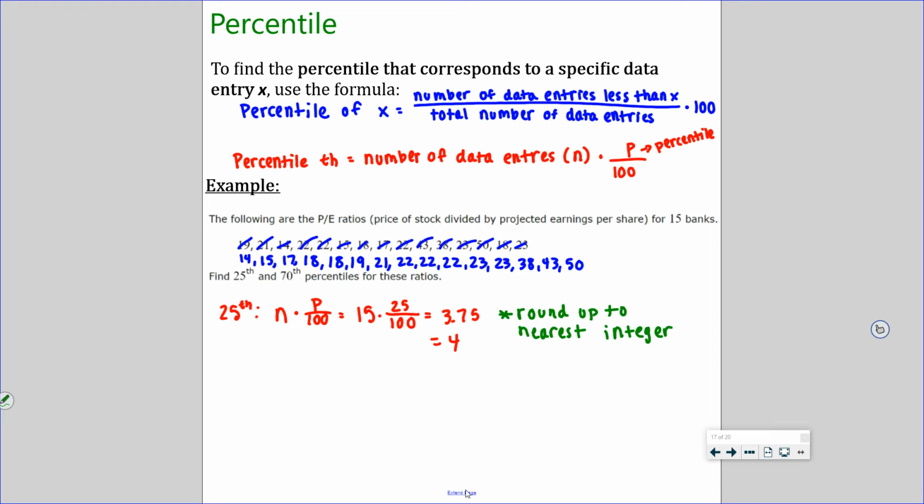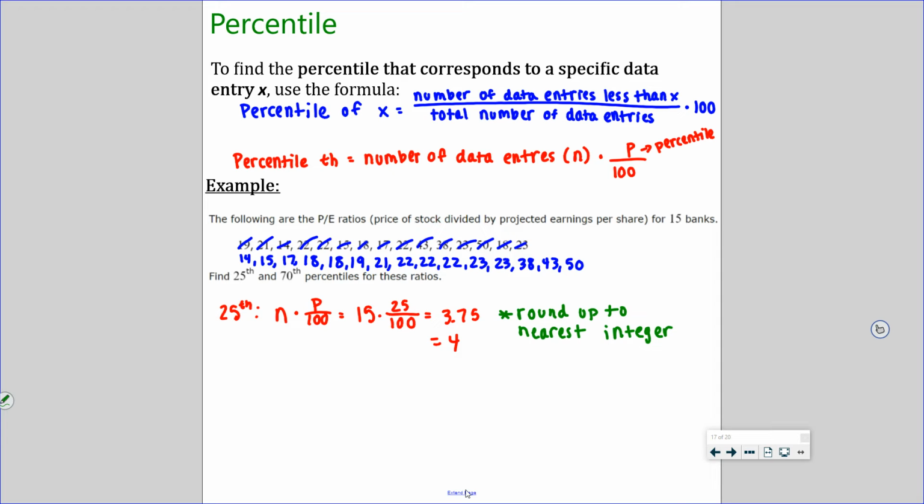That means the 4th number in your list of these 15 is where the 25th percentile is, because you're essentially calculating a 4th of 15. Since that's a decimal, we just round up.